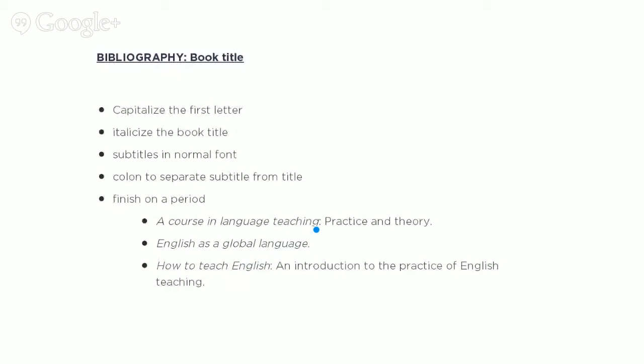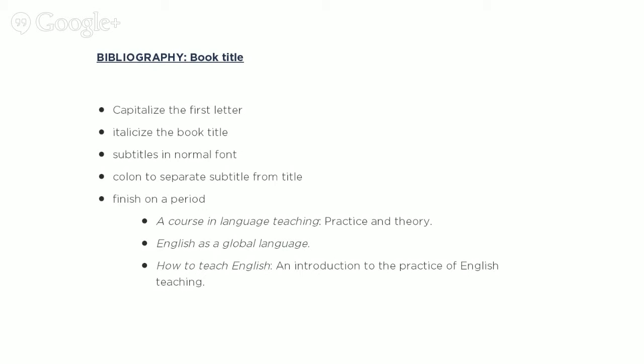The next item here is the book title. The book title has its own characteristics that we need to pay attention to. So we begin with the title of the book. In this case, you're going to capitalize the first letter of the title. You're going to find that in a lot of books, they use their own formats and their own standards depending on the design of the book. They have other guidelines, but we need to unify that.